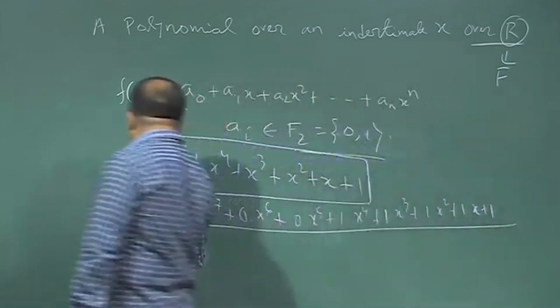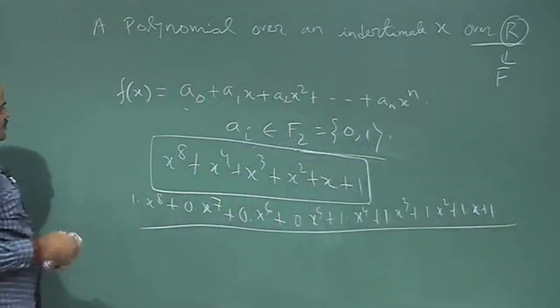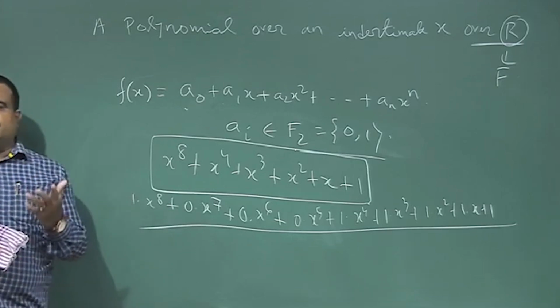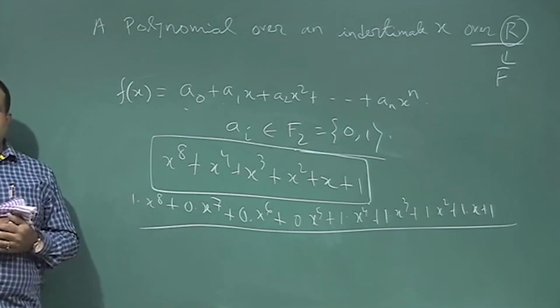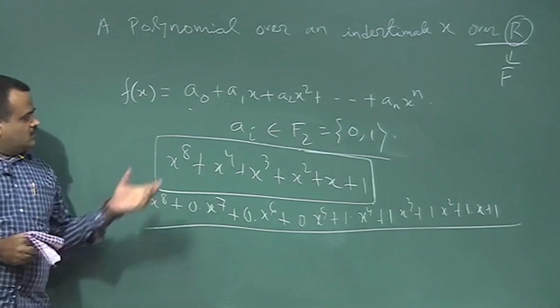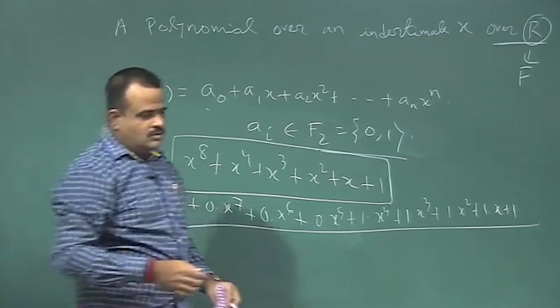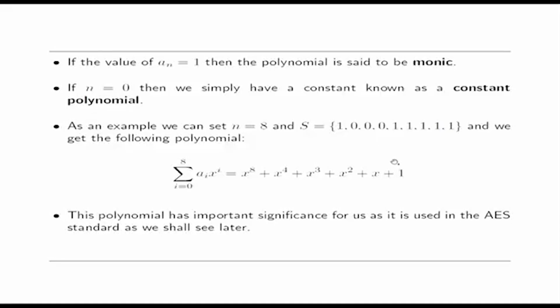So these are the coefficient sets of this polynomial. This is an 8-degree polynomial. This is an irreducible polynomial. We will talk about what we mean by an irreducible polynomial. So this is an irreducible polynomial of degree 8 over this F2, and it has important significance for us as it is used in the AES standard.